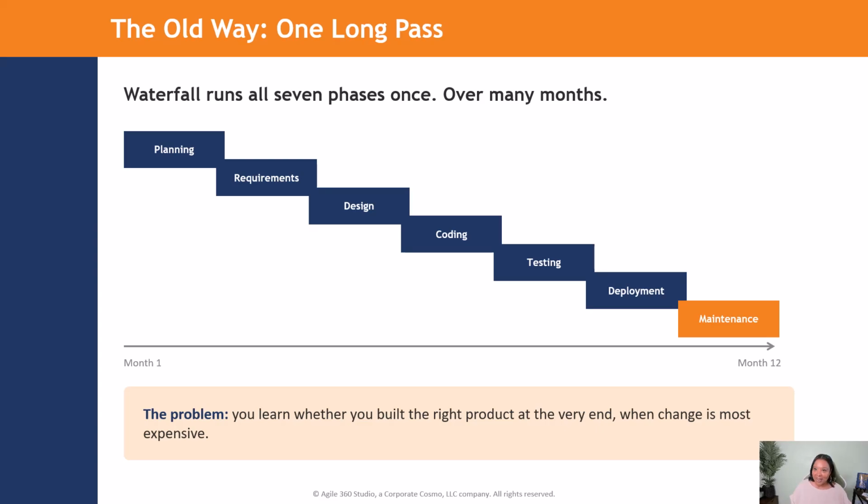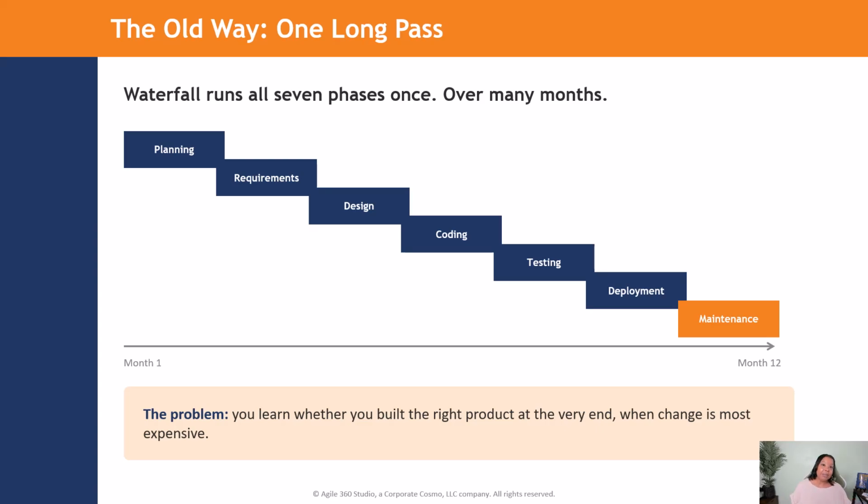Sounds organized, right? Here's the problem. Real feedback from real users only arrives at the very end. If the market changed, if the requirements were misunderstood, if the users just hate it, you won't find out until after months of work, when changes are extremely expensive.